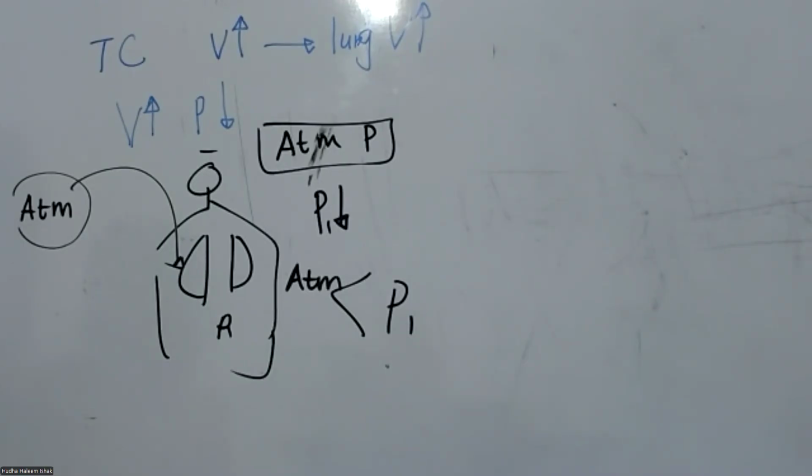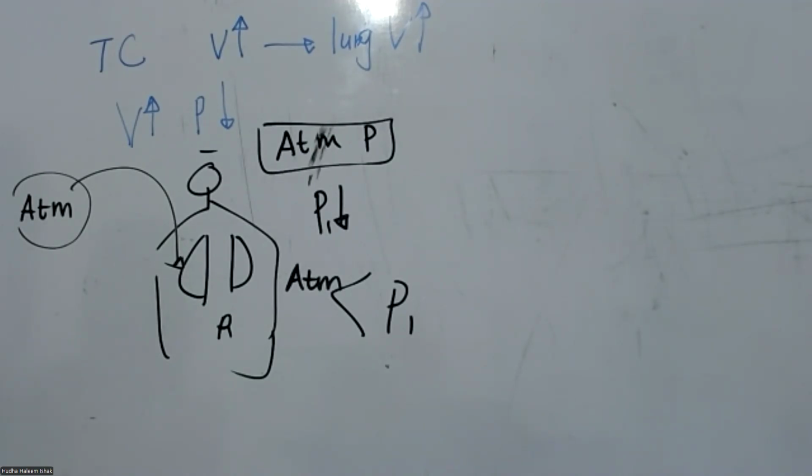Will they contract again or will they relax? Very good. They have to relax now because it's the opposite. Now you can write the same points again. Rib muscles relax, diaphragm relaxes, intercostal muscles relax. So three points are there.